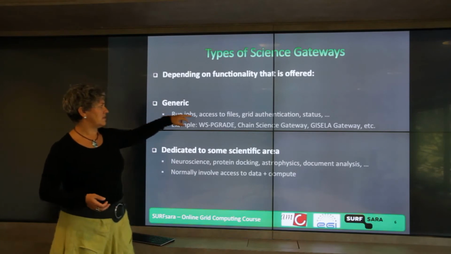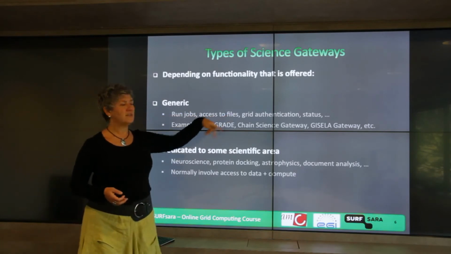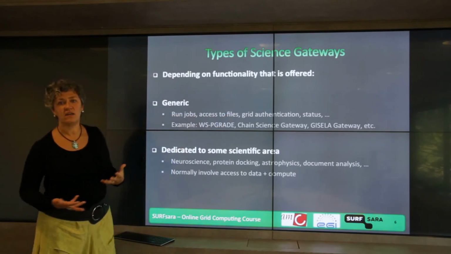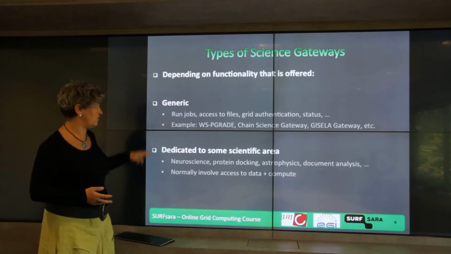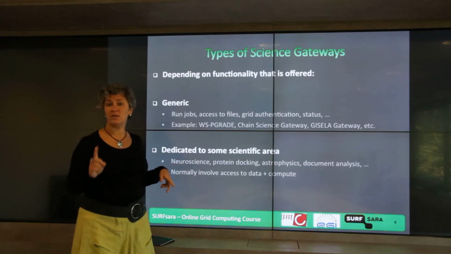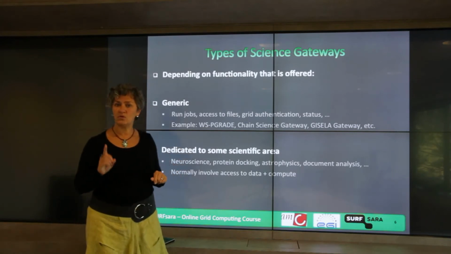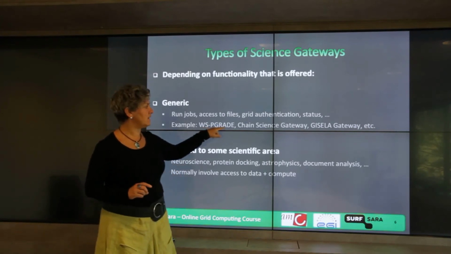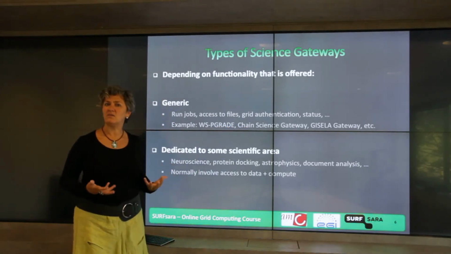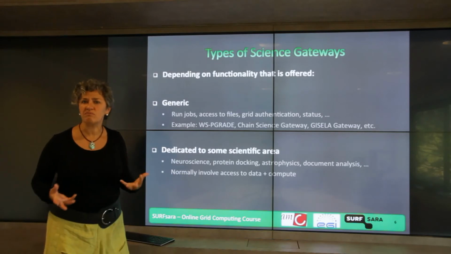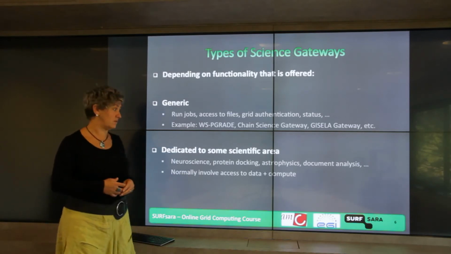For example, access to files, grid authentication, checking the status of your files and of your jobs. There are many different examples. In this course, we're going to use one of these. It's called WS-PGRADE. But there are other gateways with different technology that have the same aim, which is to facilitate the submission of jobs on the grid.